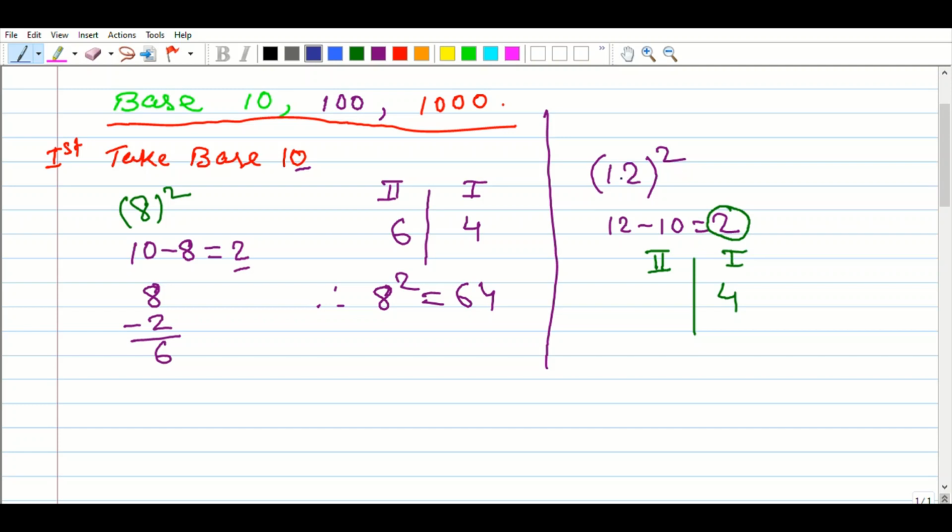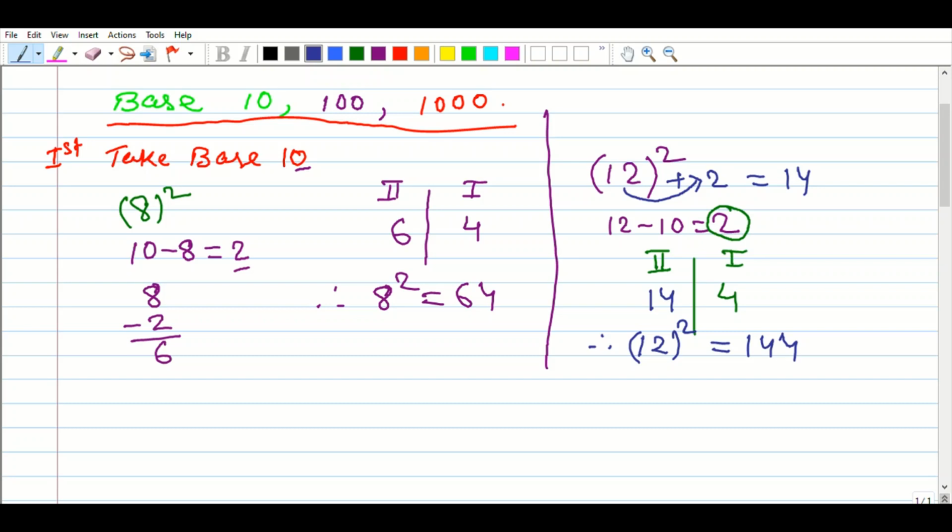So add 2 in 12, we get 14. We write here 14. Remove the vertical line, so we get the square of 12. That means 12 square equal to 144. Is it clear?